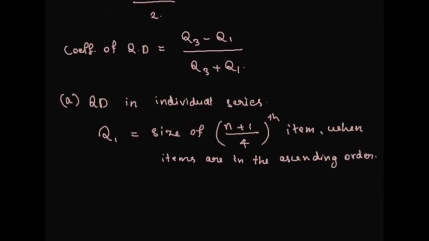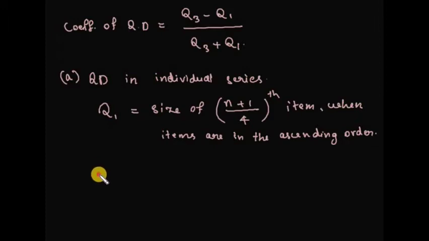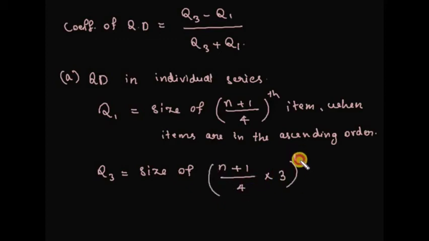Next, Q3 is size of n plus 1 by 4 into 3rd item. And QD, as we said in the beginning, is Q3 minus Q1 divided by 2.